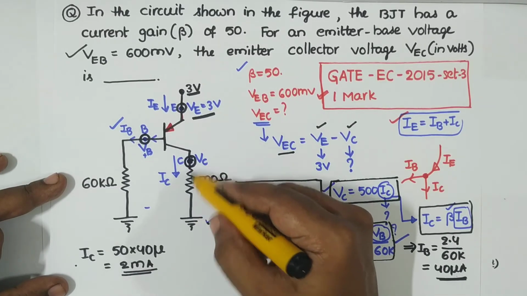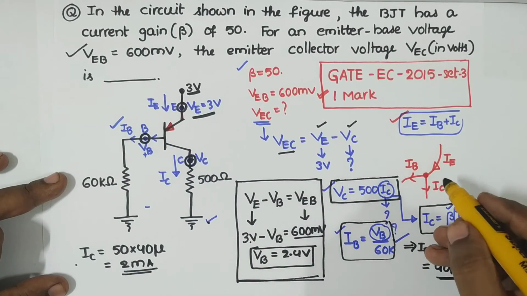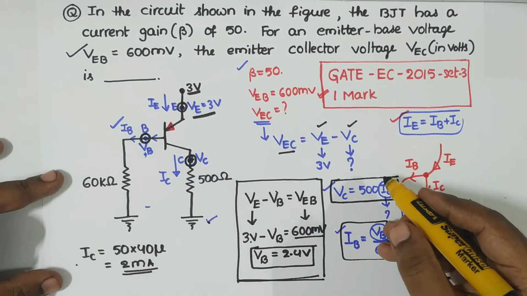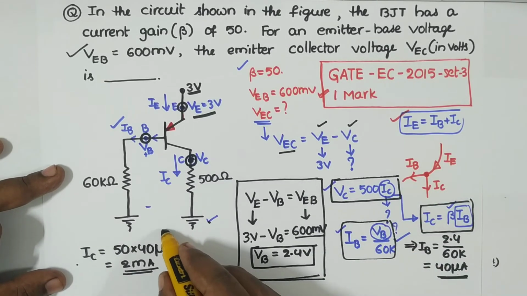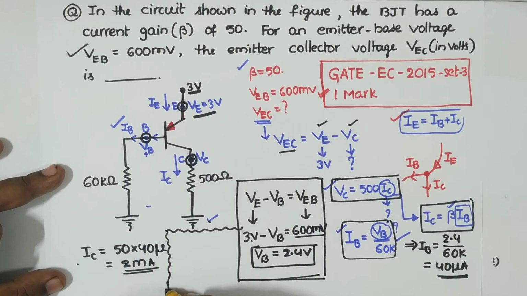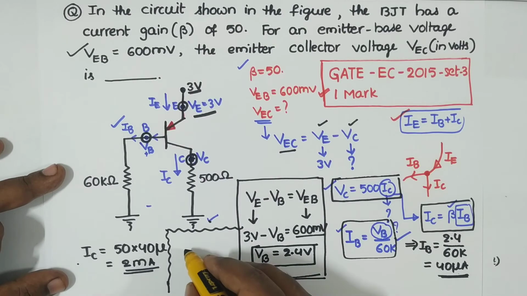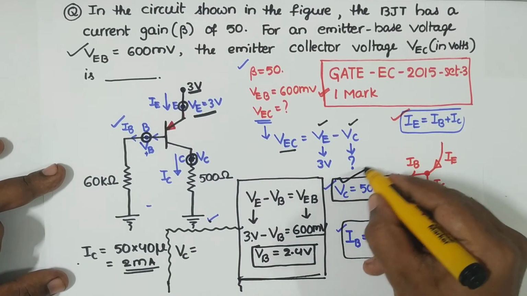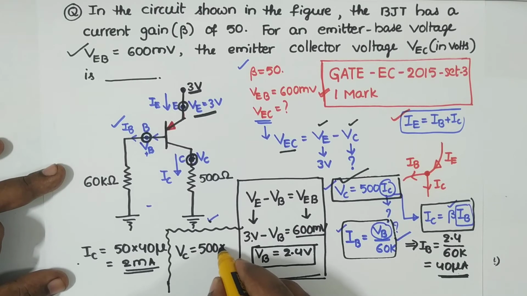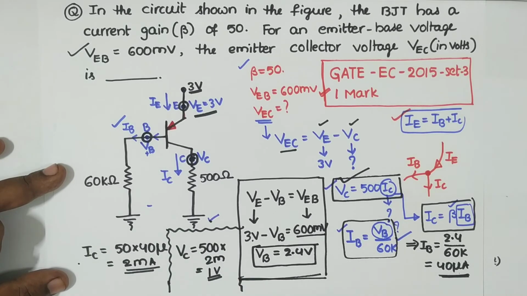So VC is equal to 500 times IC, which is 500 multiplied by 2 milliamperes. So what is VC now? This is 1 volt. So VC is equal to 1 volt.